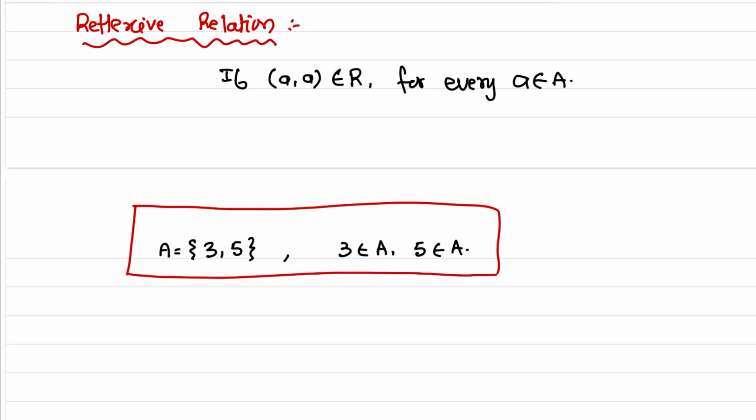Here a means don't think that it is only one element. Here 2 elements are there. Then what are the combinations of (a, a)?